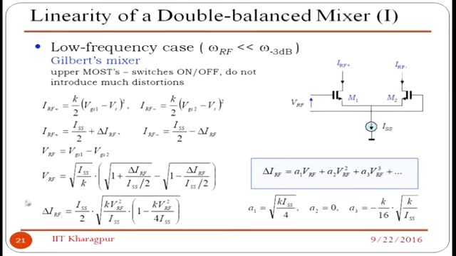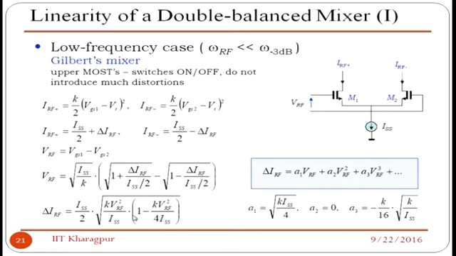Then finally you will find that delta IRF, the change in the RF current, is K VRF square ISS by this, and this expression gives you something very interesting: it is a combination of ISS, the bias current, and VRF square. ISS is the fixed current, and K is also fixed.